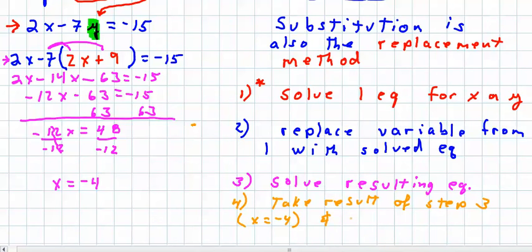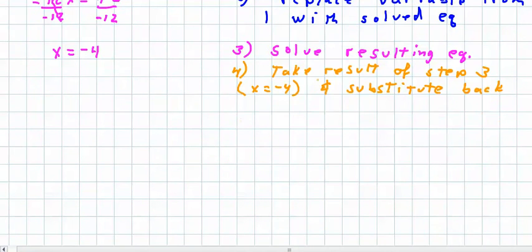And replace or substitute it back into one of the equations to find the other variable.